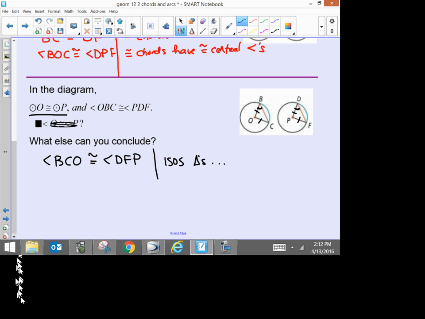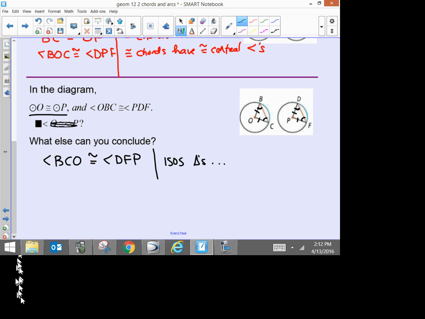So I can just mark them one hoop, because now all four of them are congruent, right? If this was congruent to this and this was also congruent to that, they're all three congruent, and now they're all four congruent. That was a good conclusion.